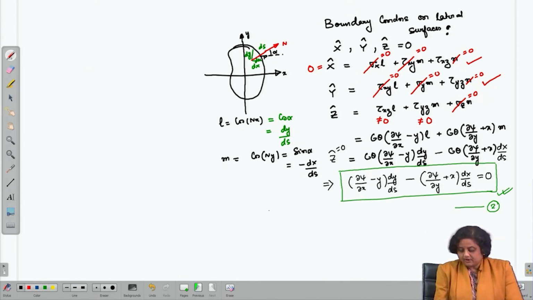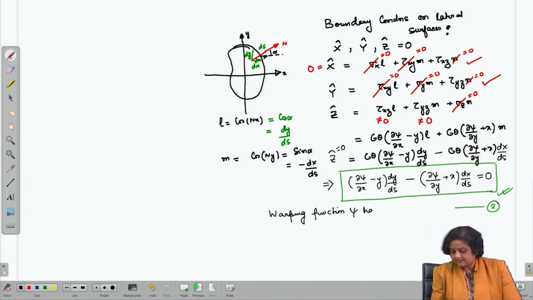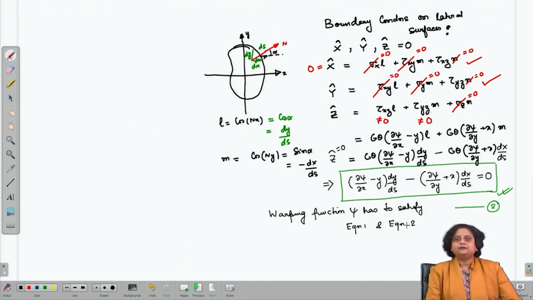So, the warping function for non-circular cross section, psi, has to satisfy equation 1 and equation 2 in order to satisfy the equilibrium condition and in order to satisfy the force free boundary condition on the lateral surfaces of the shaft.